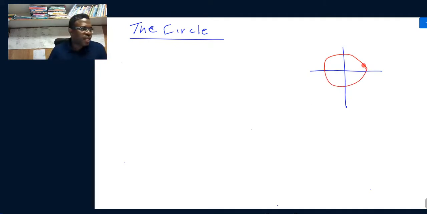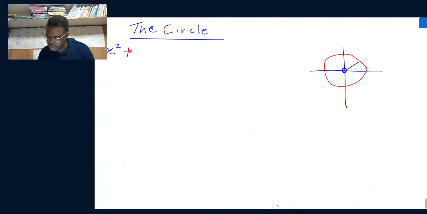The equation of a circle passing through the origin with this radius r is x squared plus y squared equals r squared.